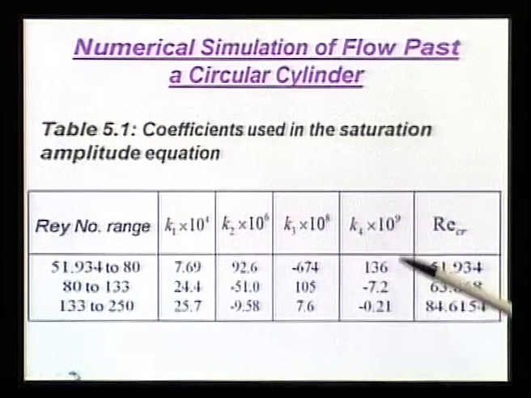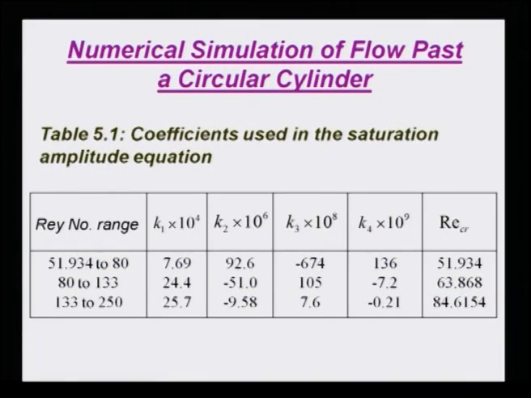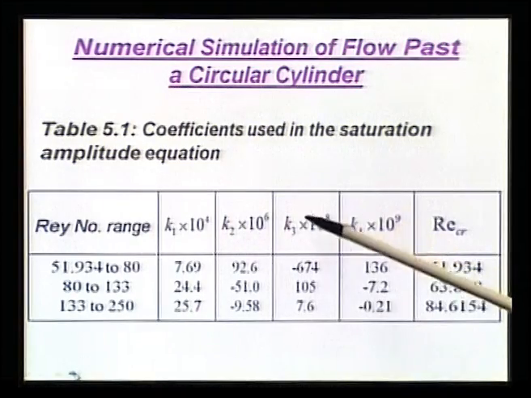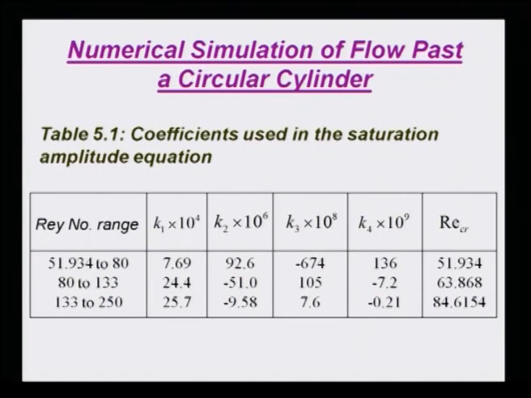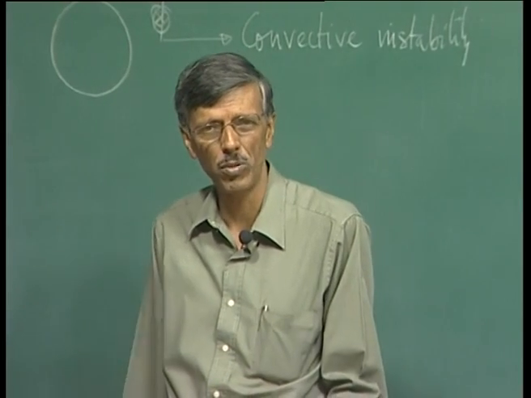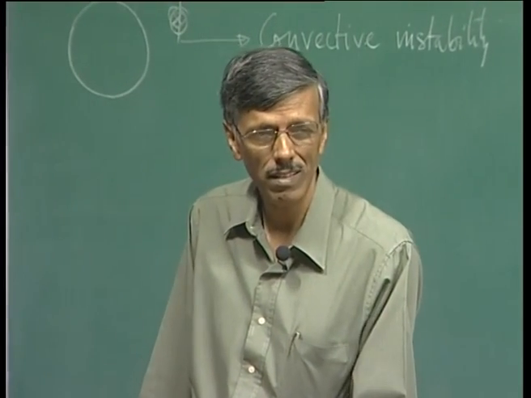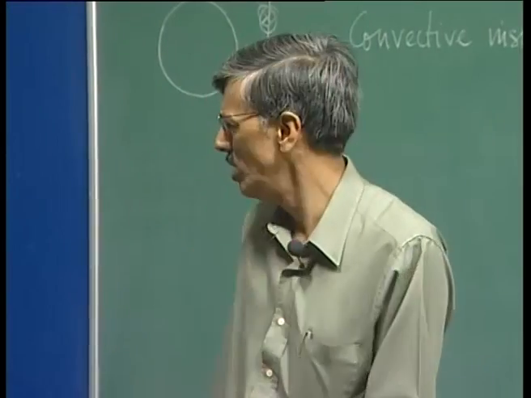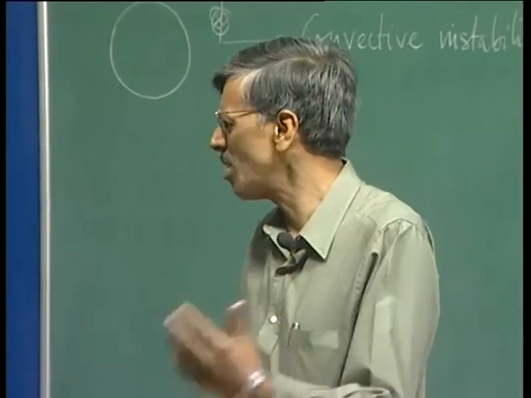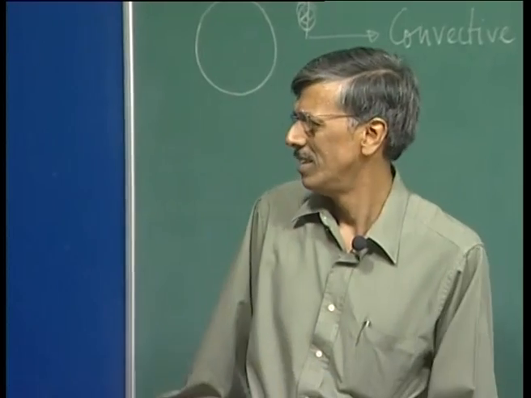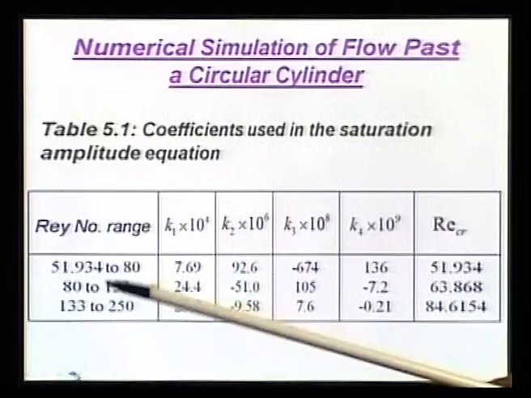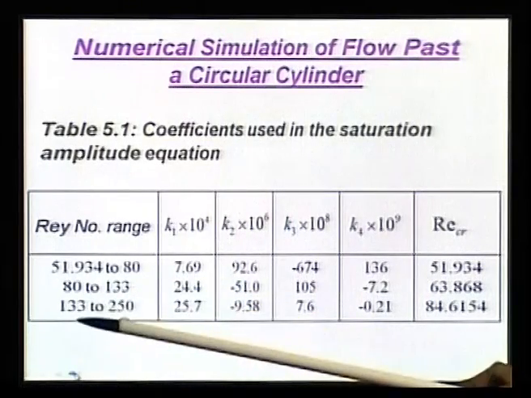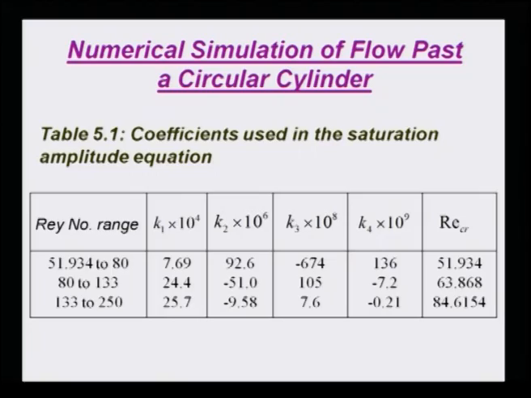So, what it shows is that even though you are trying to fit a higher order polynomial, this dependence on cubic and quartic is rather weak. So, essentially what you are seeing is the original model which was supported by Landau, that we should have a parabolic variation, but the fact is there are 3 different parabolas in this range. The first parabola, this is the range of validity of the second, and this is the third one. I think I will just stop here.